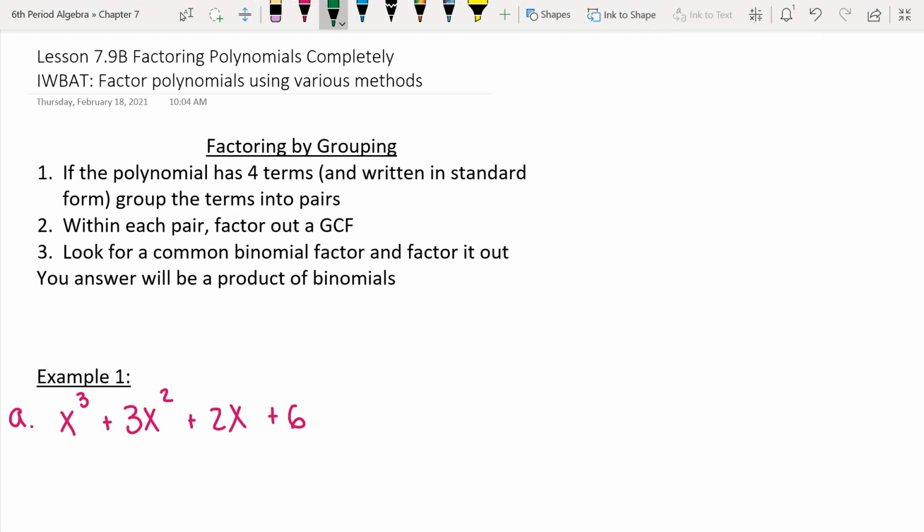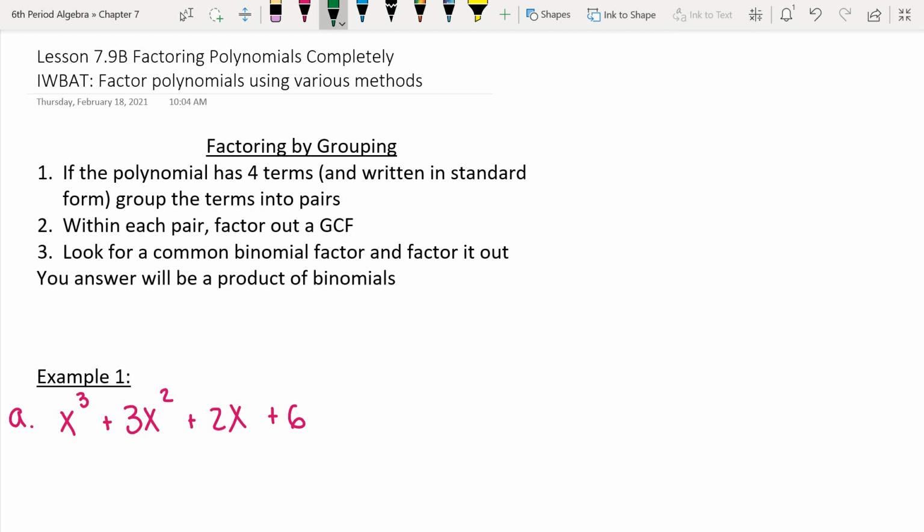Then, within each pair, step 2 says factor out a GCF. So what we'll see is that there'll be a GCF with the first 2 terms, and then there'll be a GCF with the second 2 terms. And we'll factor out a GCF within both. It's going to look kind of funky at first. You're going to have pretty much this giant product of different terms.